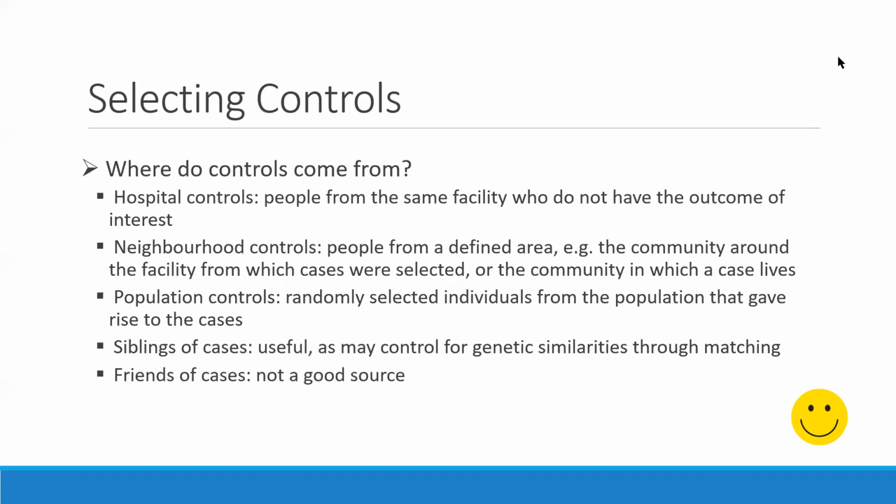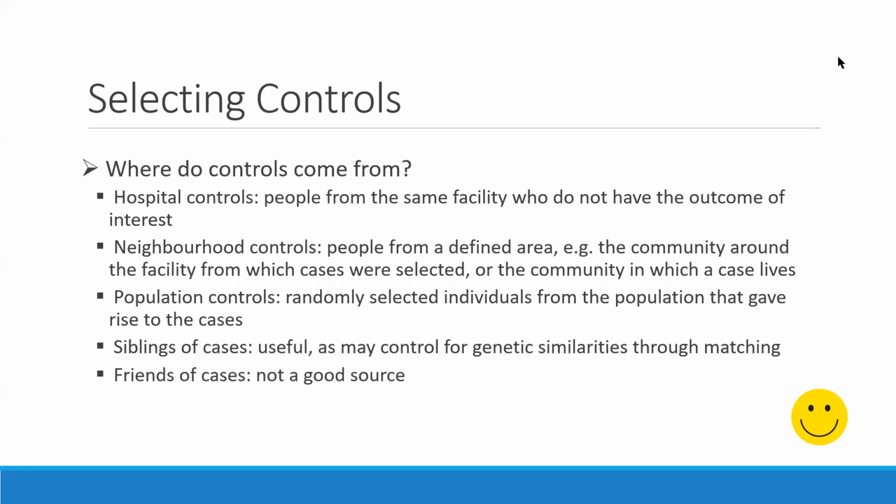So if you're doing a hospital study and your cases are in hospital, you have to have controls from the hospital. If you're doing a population study in a particular area, your controls should come from the same area as much as possible, because the more different they are, the more likely you are to introduce bias.